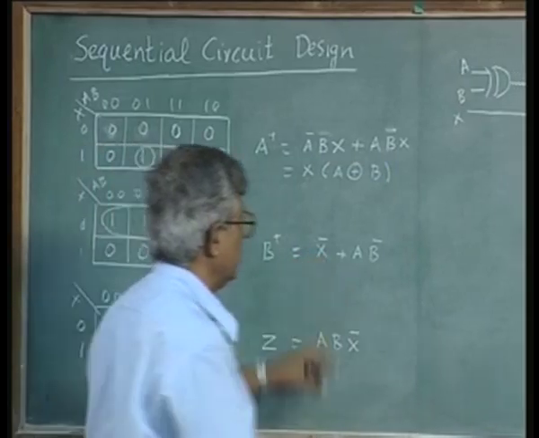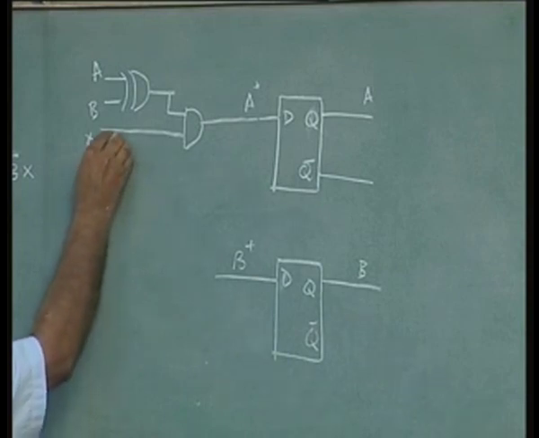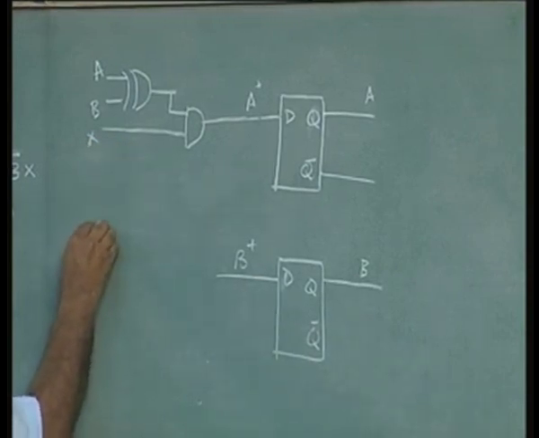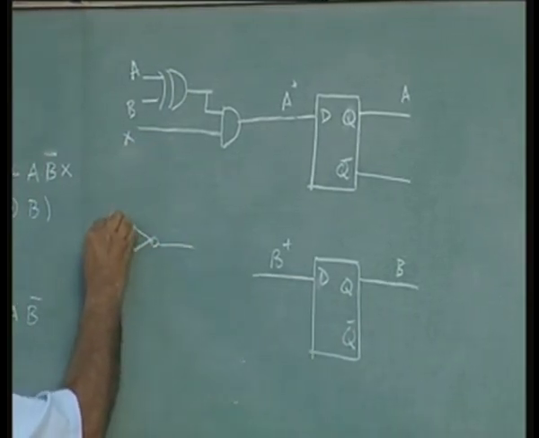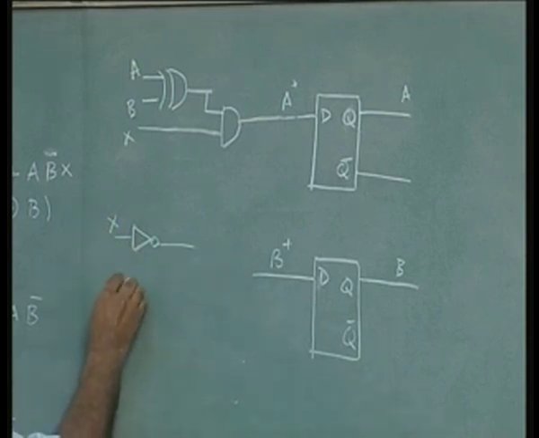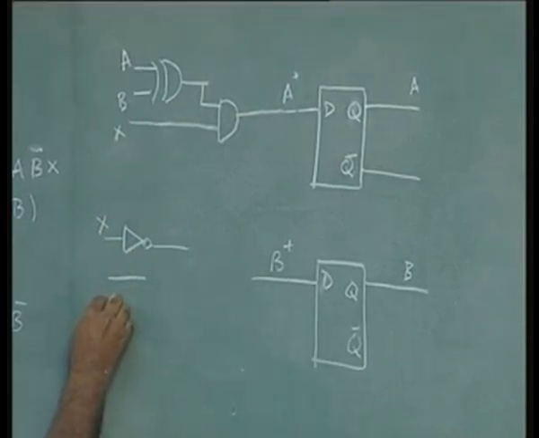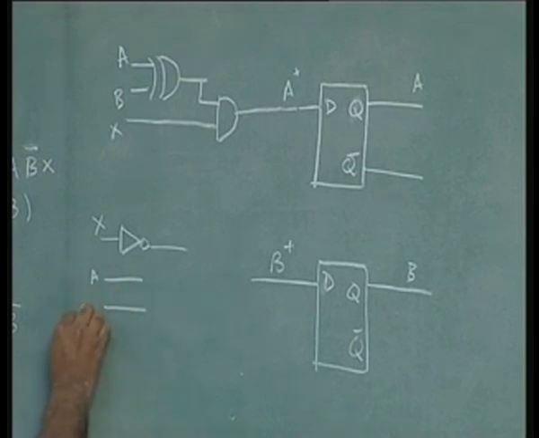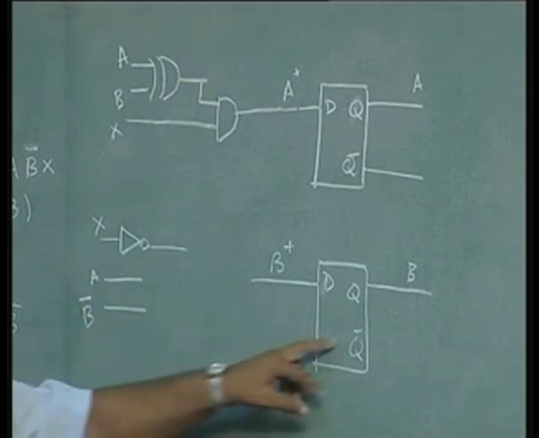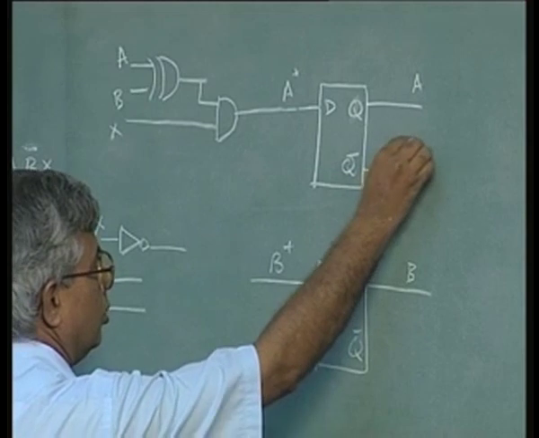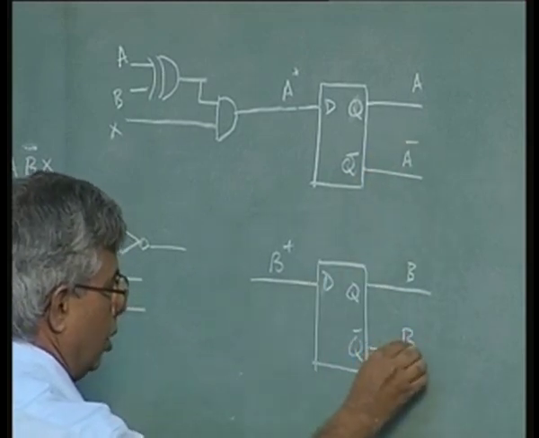B plus is x bar, or A and B bar. B bar need not be created because B bar is here, you do not need an inverter for that.